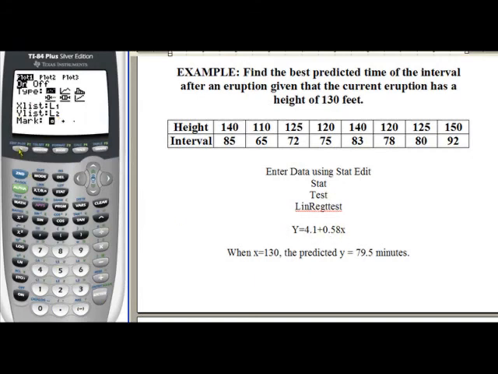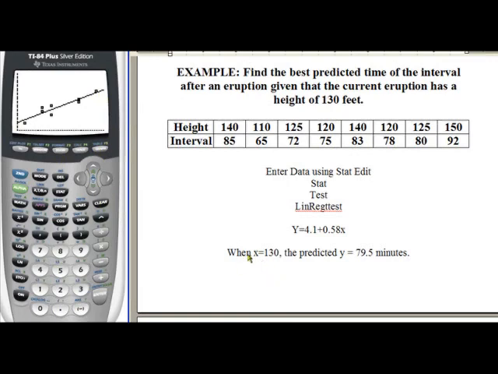To get the equation, you push y, and you enter 4.1 plus 0.58 times x, and x, you have to get it from this button. Then if you want to graph all this on your graphing calculator, all you have to do is push Graph, and it will give you the linear regression equation, the line itself, and the scatter plot of the data.